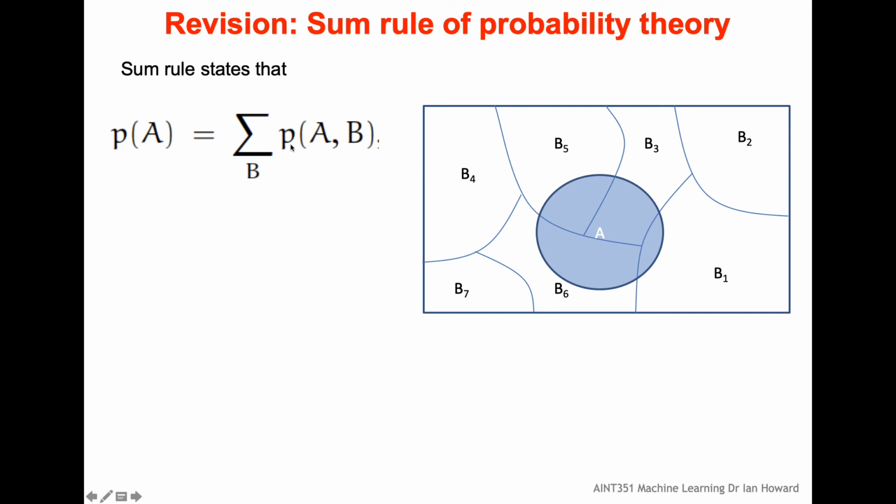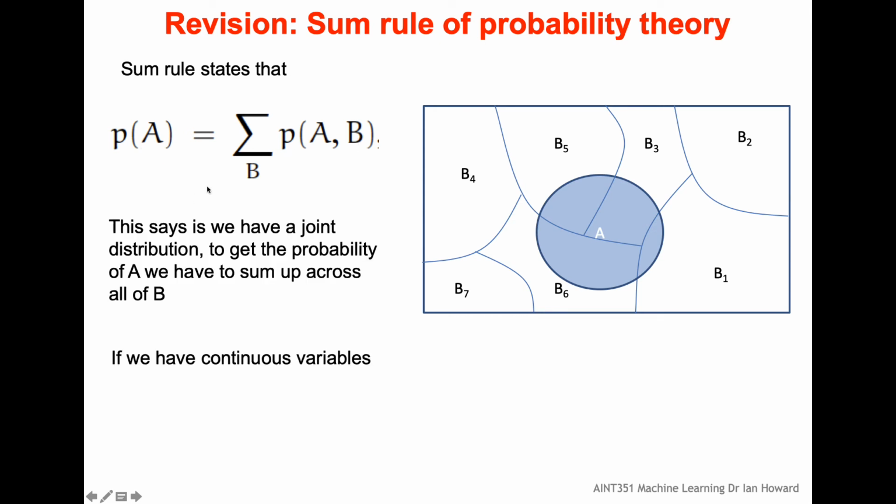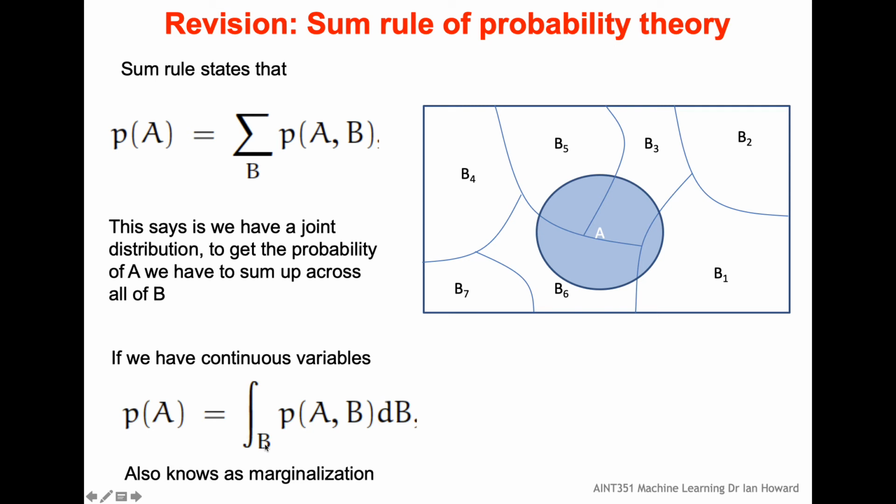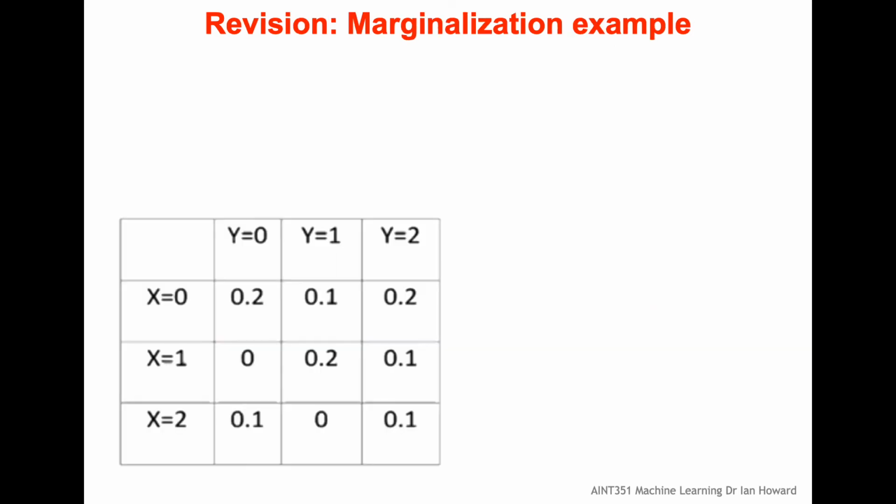We look at the joint probabilities of A and B, and we sum up for all B's, and then we end up with just the probability of A. Right? That's what it's saying. And if we had a continuous system, this is discrete, we wouldn't be summing, we'd be integrating across all B's instead. This process is known as marginalization.